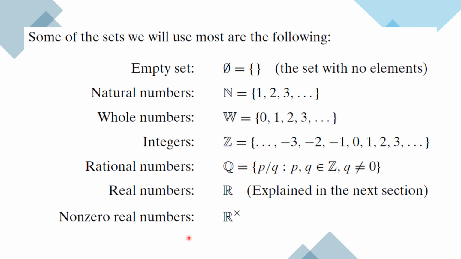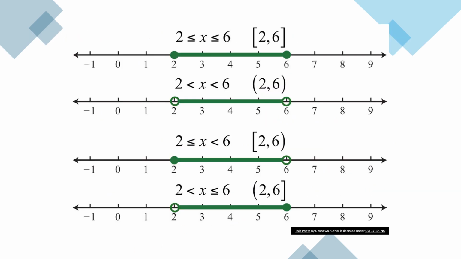A real number we denote by R, and it covers some intervals. The closed interval [2, 6] means 2 is included, 6 is included, and all real numbers between 2 and 6 are included; in fact these real numbers are infinitely many.